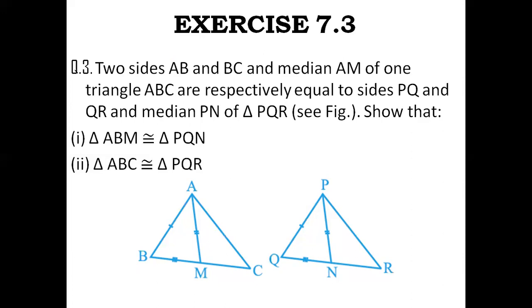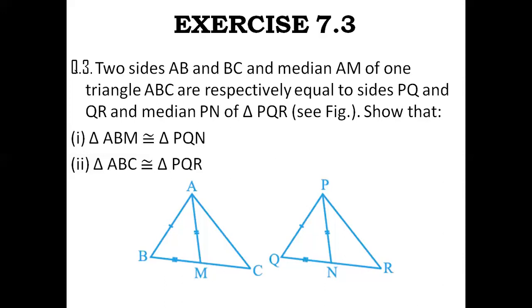BC of triangle ABC is equal to QR of triangle PQR. AM of triangle ABC is equal to PN of triangle PQR, which is a median also. Here we have been asked to prove that triangle ABM is congruent to triangle PQN, as well as triangle ABC is congruent to triangle PQR.